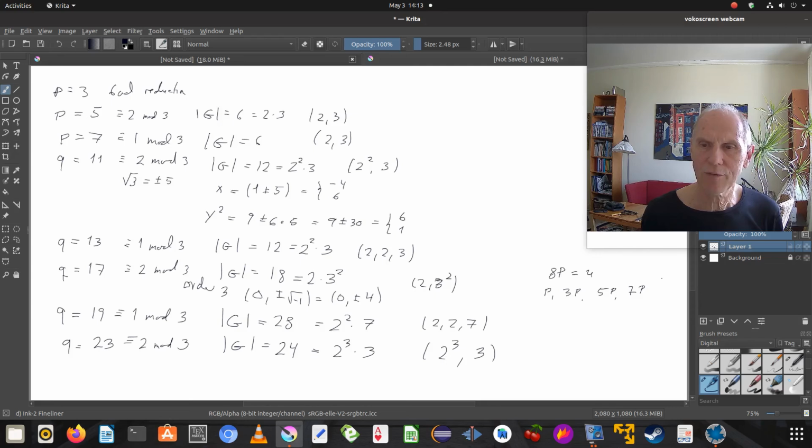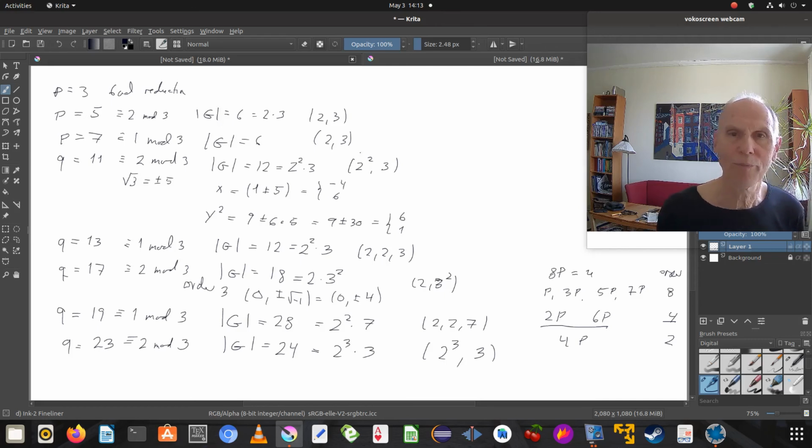I think they have order 8. 2P and 6P have order 4, and 4P has order 2. So I want to verify that we have exactly 2 points of order 4. Just to make sure that I've got everything right.